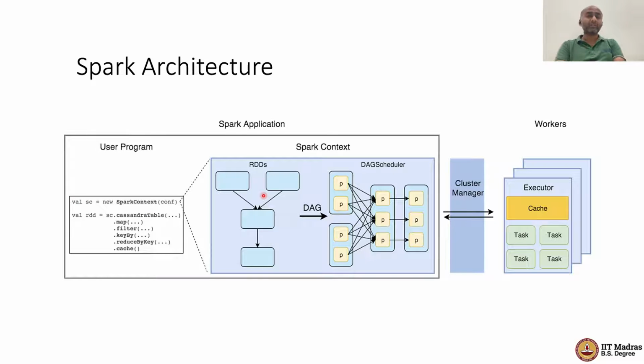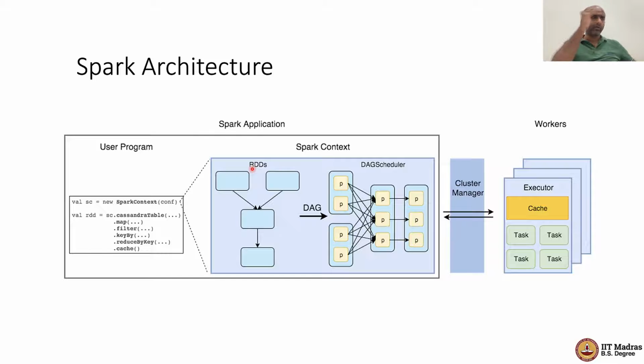Now, what is the nature of the data that the Spark context manages? We'll discuss this in greater depth in the next video. But in effect, it manages references to data of a certain structure, which is called an RDD, or resilient distributed data set. The data frame that we spoke about in the previous video is an abstraction on top of an RDD, whereby you're layering a schema, right?